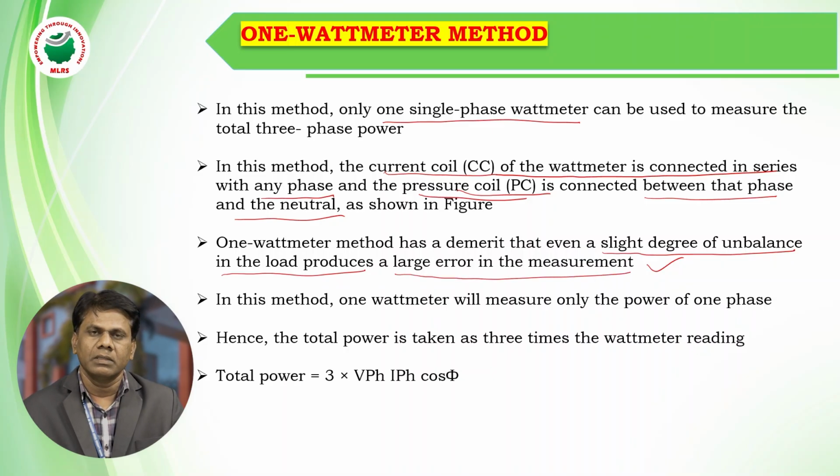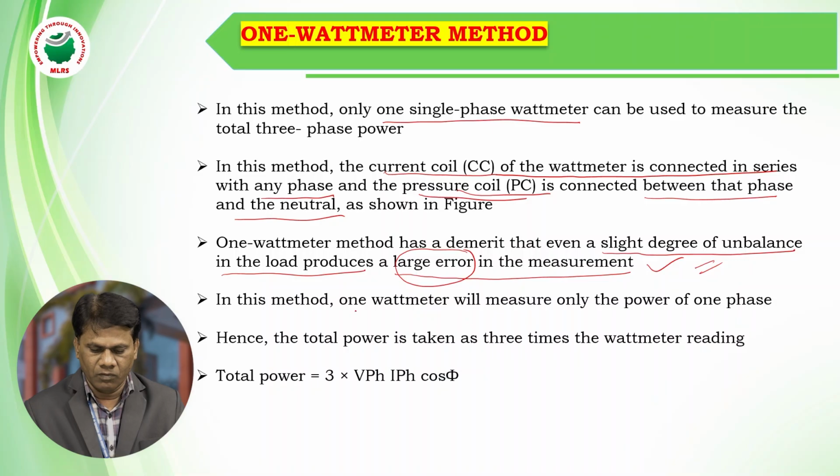This is the disadvantage or demerit of the single wattmeter method used for the measurement of power. If you change any degree of unbalancing of the load, that produces a large error in the measurement of power.